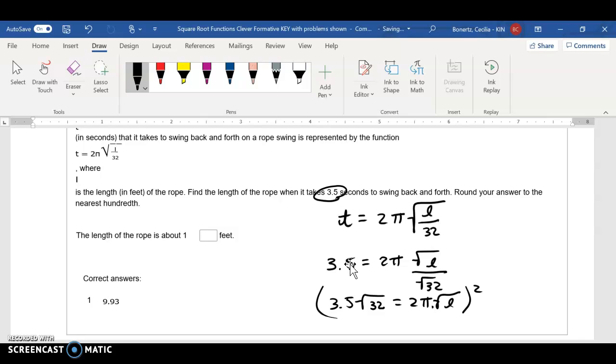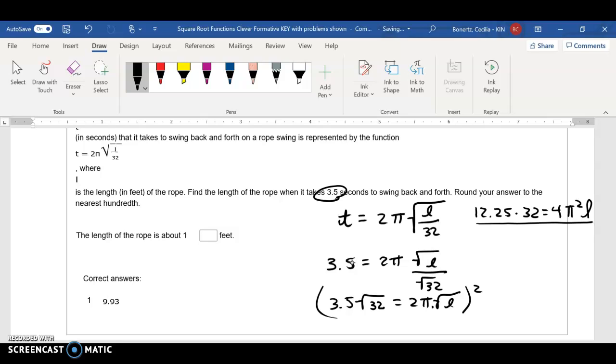So 3.5 times 3.5 is 12.25. Square root of 32 times the square root of 32 is just 32. And that's going to equal 4 pi squared times L. So again, I squared the 2, I squared the pi, and I squared the square root of L.